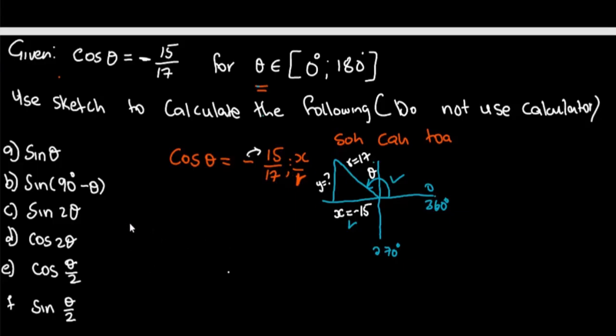We use the theorem of Pythagoras that says r squared is equal to x squared plus y squared. Do we have r? Yes, that's 17. We just substitute 17 squared, then equate this to x, which is minus 15 squared, plus y squared.